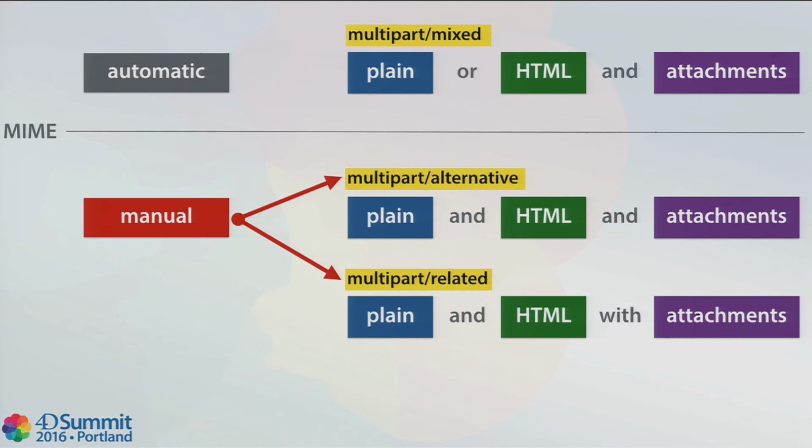If you care to manually construct a MIME, then it gives you more options. You can send an email with plain and HTML contents in a mixed alternative, so that's the difference. Mixed means that your email has HTML and images mixed, but you don't have the plain text. Alternative means that the client can switch from the text version to the HTML version following the user's requests.